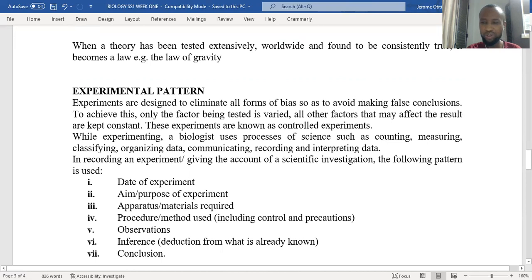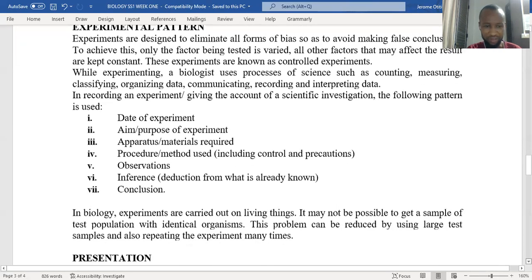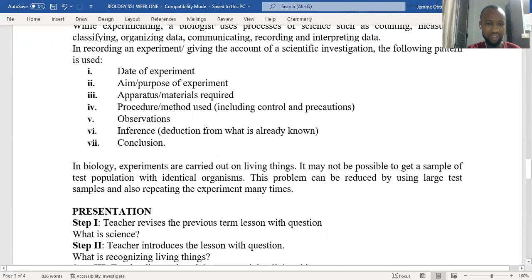Then, if you want to carry out an experiment, these are the major pattern you follow. Date of the experiment, aim and purpose of the experiment, apparatus and material required, process and method used, observation, inference, and conclusion. Okay, these are the general methods of science. Biology is an experimental subject, especially experimenting on living things.